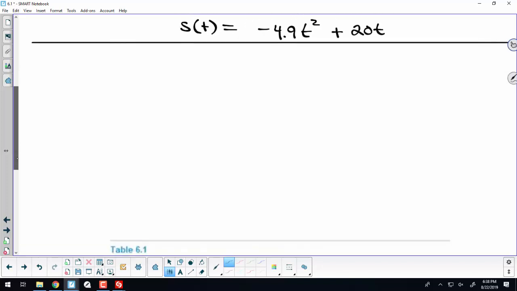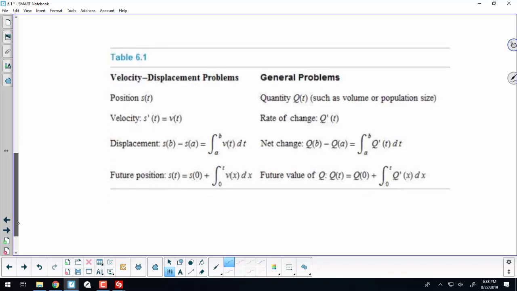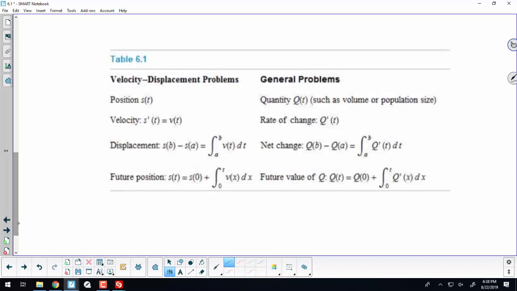But this idea where we're working specifically with velocity, position, and acceleration can be generalized to whatever quantities we're dealing with. So position, velocity, displacement stuff is over here, but general problems are here, where Q is just some quantity and Q prime is the rate of change of that quantity.